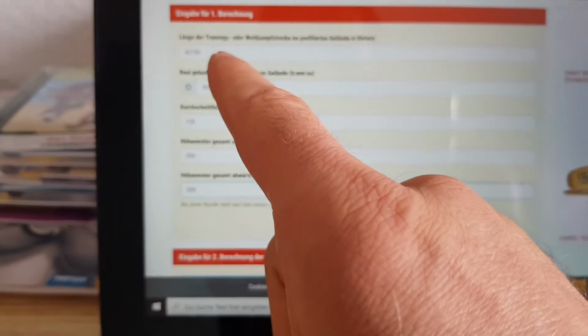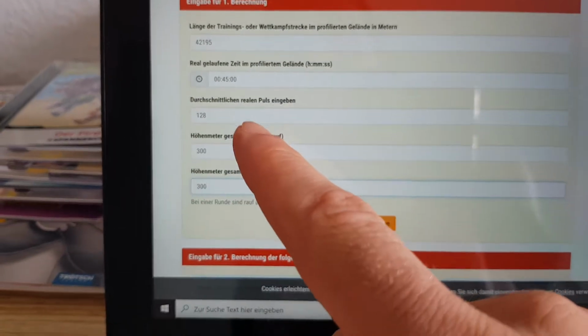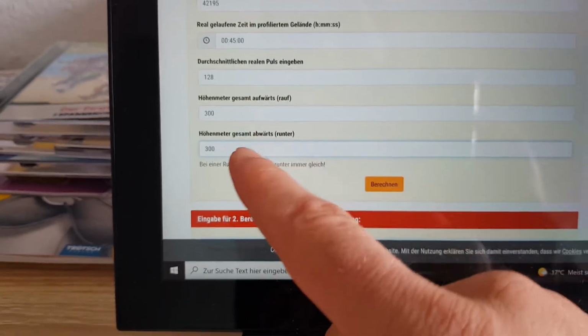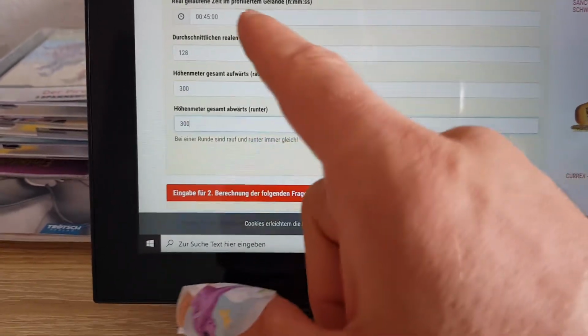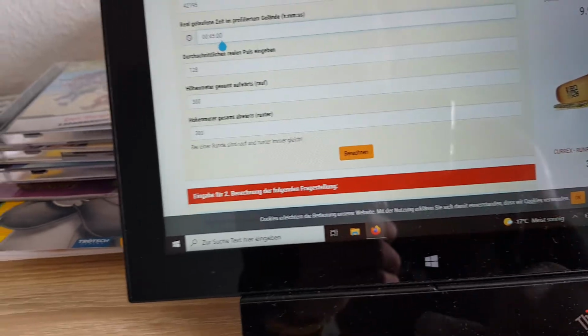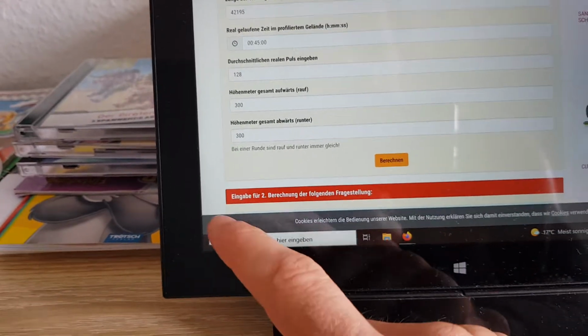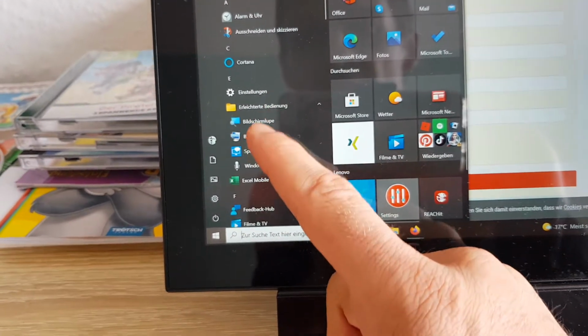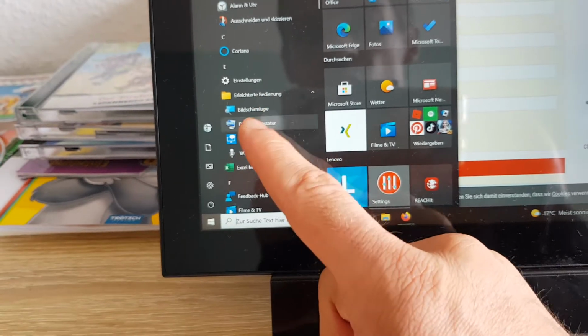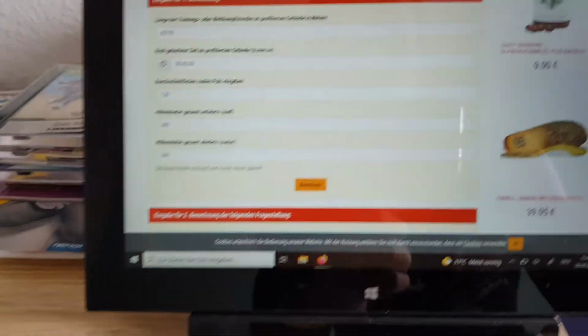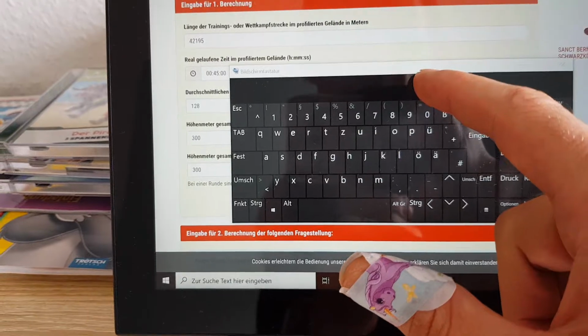You can input the distance and the meters up and down, and then calculate. I don't have my keyboard here, so I will have to manually input that.